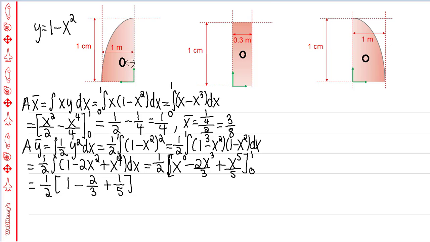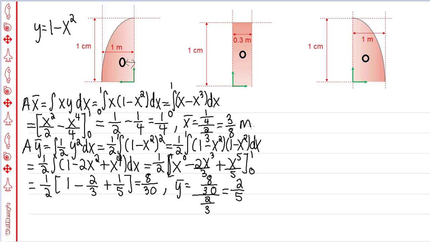Put this in a calculator and it will equal 8 divided by 30. Now, remember, this is all equal to A y bar, so y bar is equal to 8 over 30, all divided by the area, which is 2 over 3. This will give you a value of 2 over 5.